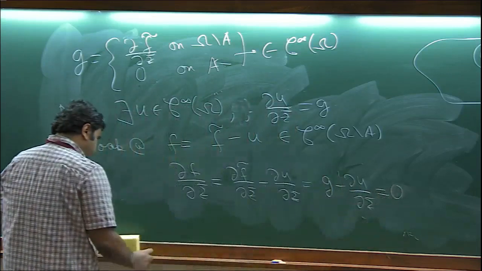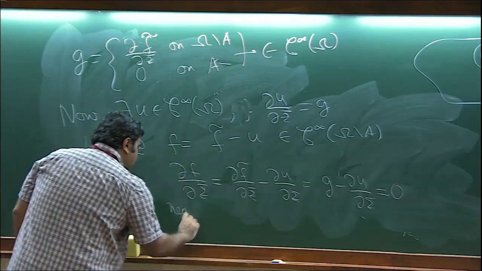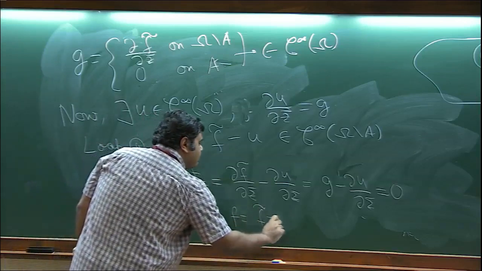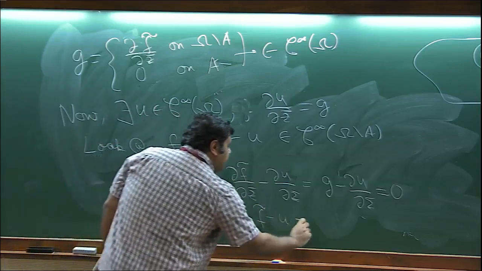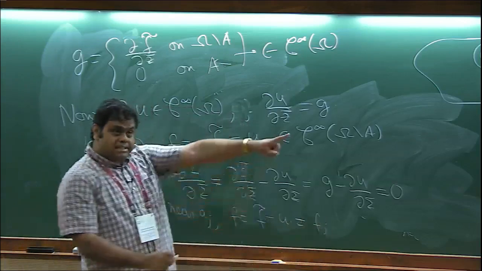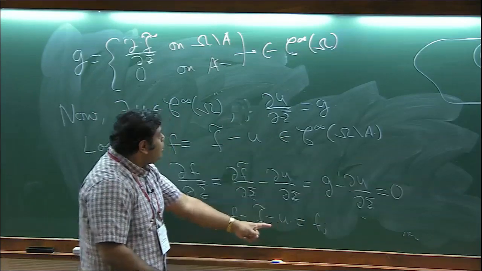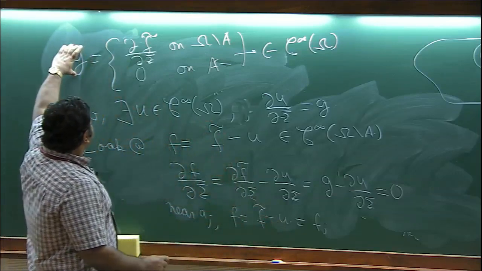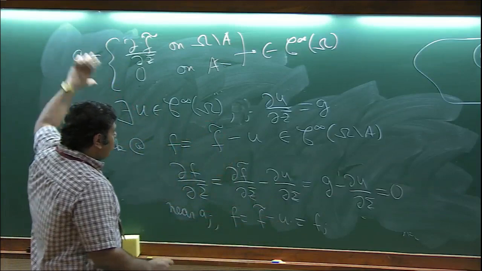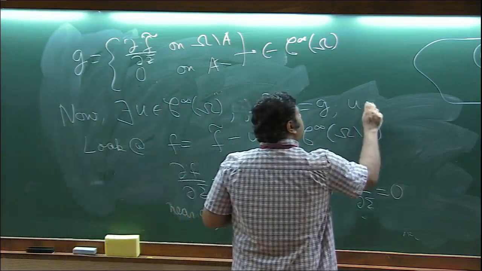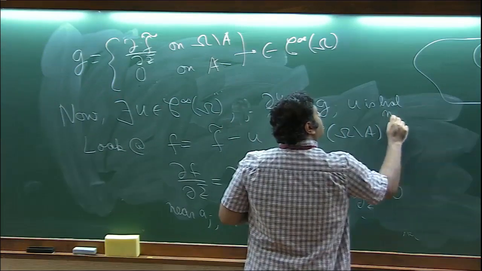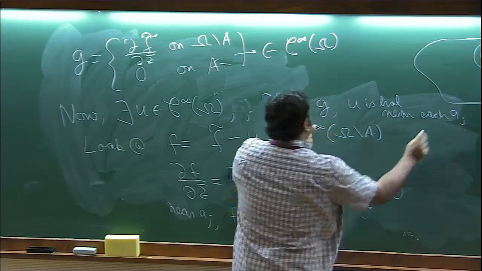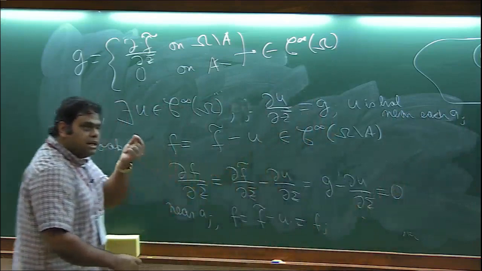And near each aj, f is f tilde minus u, but f tilde is fj near each aj, as we saw there. And what do I know about u near aj? Near each aj, g is equal to 0. So u is holomorphic near each aj, since g is 0 in a neighborhood of each aj.